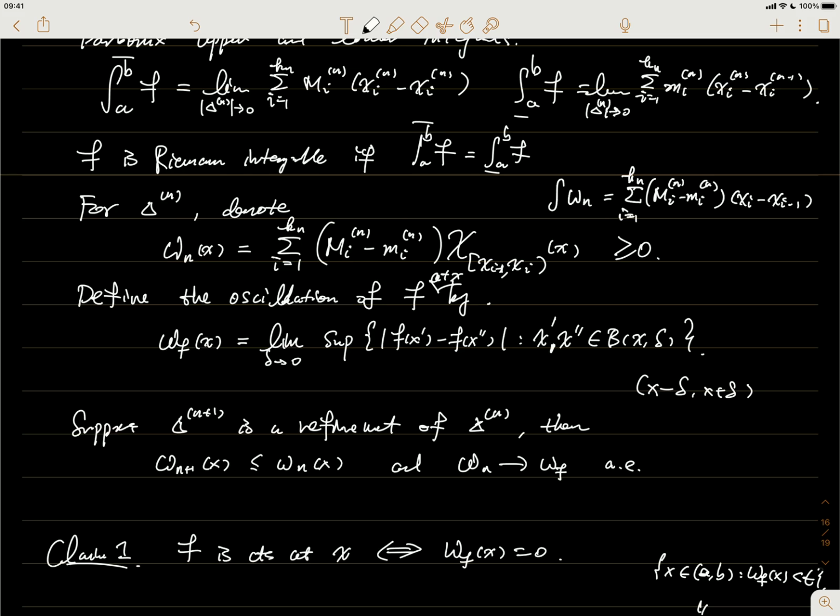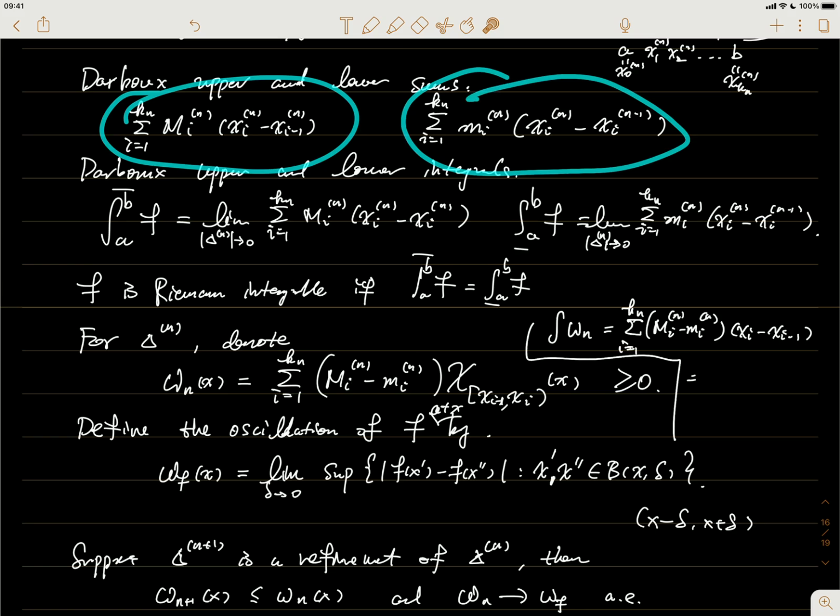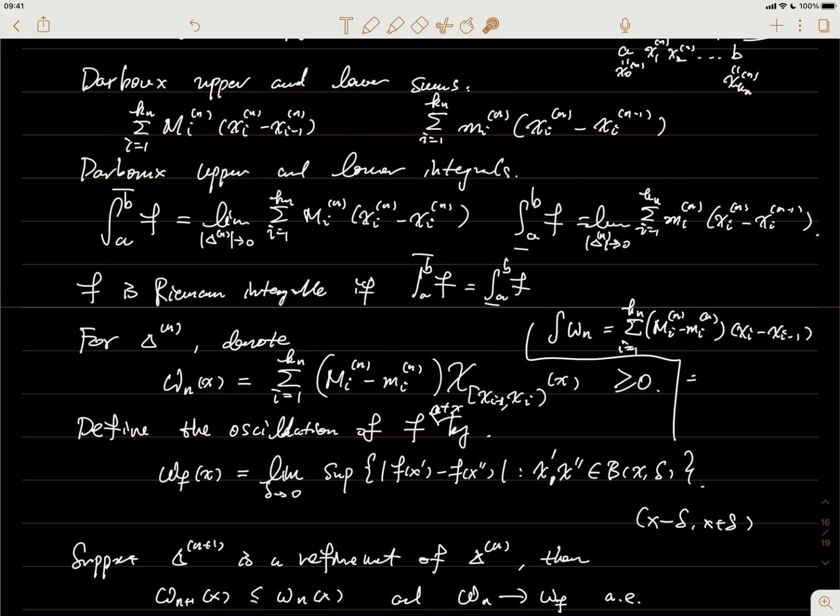Since this is a finite sum, we can separate the two terms. Eventually this just becomes the Darboux upper sum for this partition minus the Darboux lower sum. So it's just the upper sum minus the lower sum.